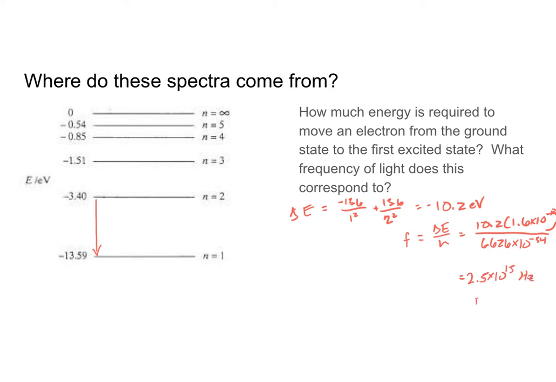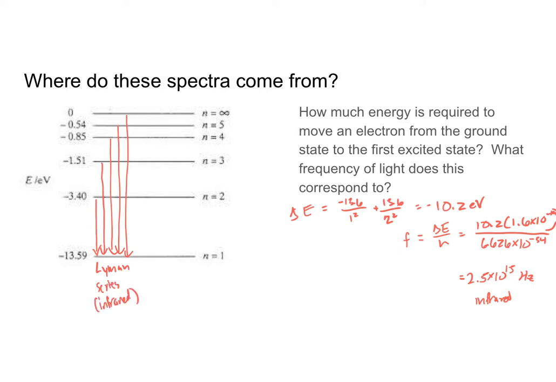which is going to be in the ultraviolet spectrum. And in fact, we'll find that every jump to the first energy level is going to be within that spectrum. And we call this the Lyman series.